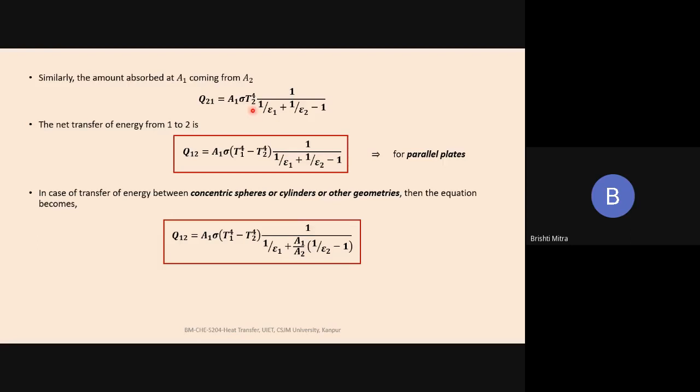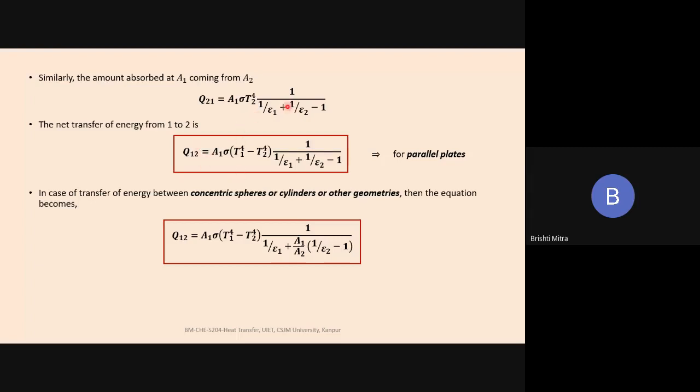If I sum up these terms and take it to an infinite value, then this one comes out to be A1 sigma T2 to the power 4 divided by 1 by epsilon 1 plus 1 by epsilon 2 minus 1. Now this A1 could have also been A2 because A1 and A2, both being parallel plates, are identical. So this is Q21. That was Q12 and this is Q21. Now the net rate of transfer of energy is equal to the difference between the two.